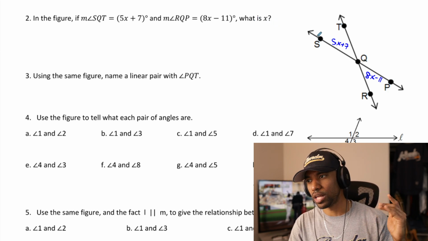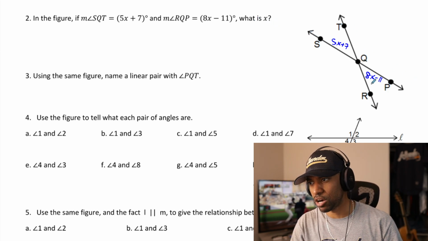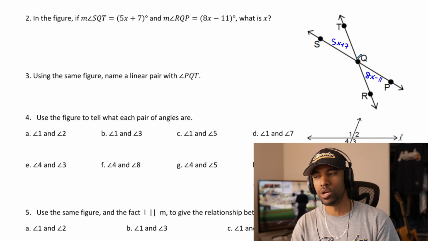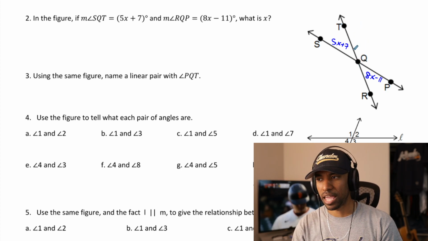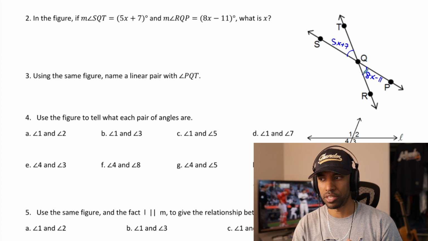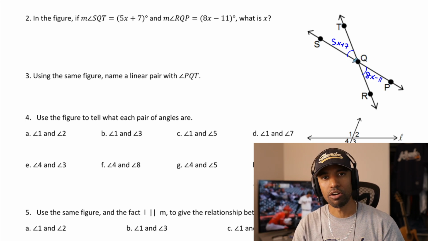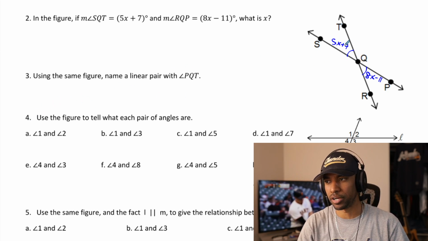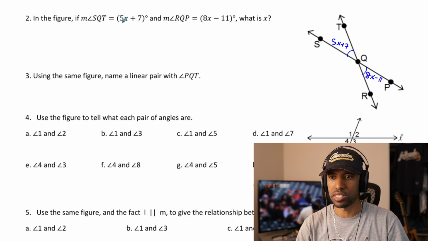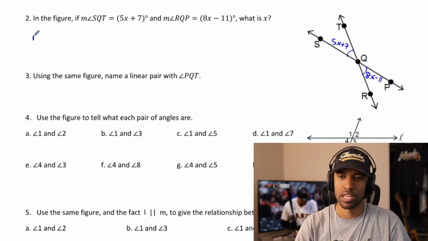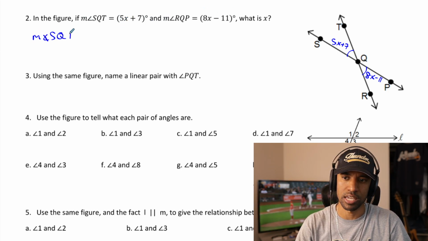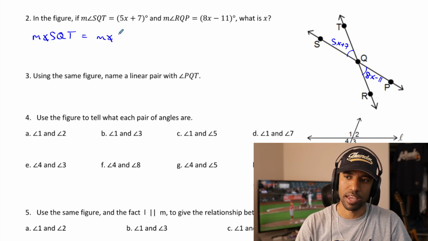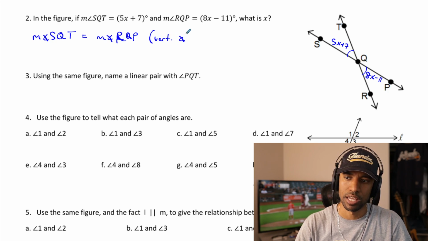These are two lines: line SP and line TR intersect at point Q. When you have two lines forming angles that face opposite each other, these are called vertical angles, and all vertical angles are congruent, something we might talk about more on number 4. So the measure of angle SQT equals the measure of angle RQP, because these are vertical angles.